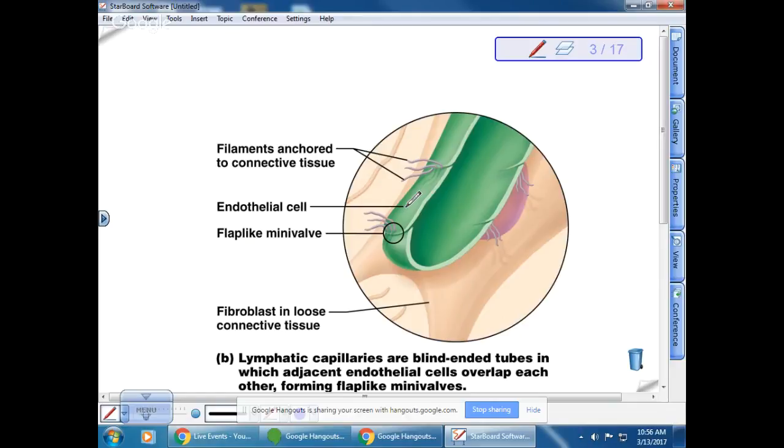But sometimes the people that do lymphatic massage specialize in trying to get the lymph to move up and out so that you reduce tissue swelling, right? So you can have a lymphatic massage to try to move the lymph, which is a little bit different than a deep muscle tissue massage, for example. Okay. So they're blind-ended tubes with these little flaps that open up if there's pressure in the interstitial fluid.